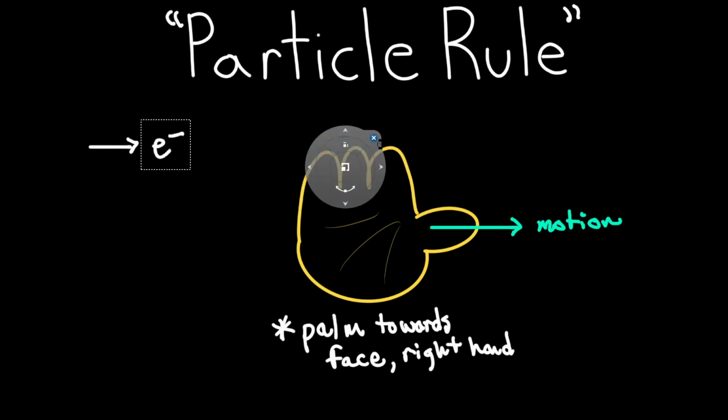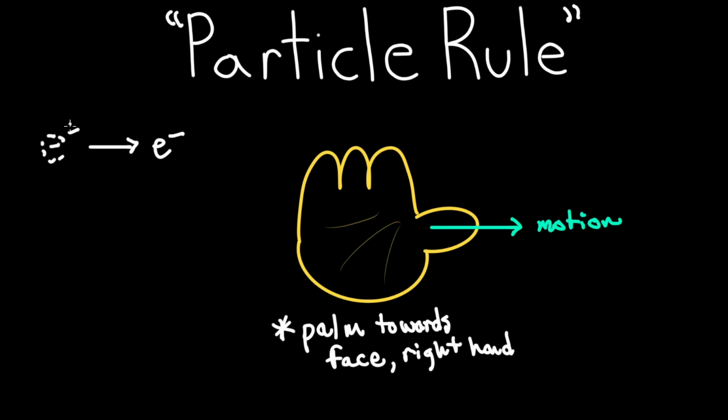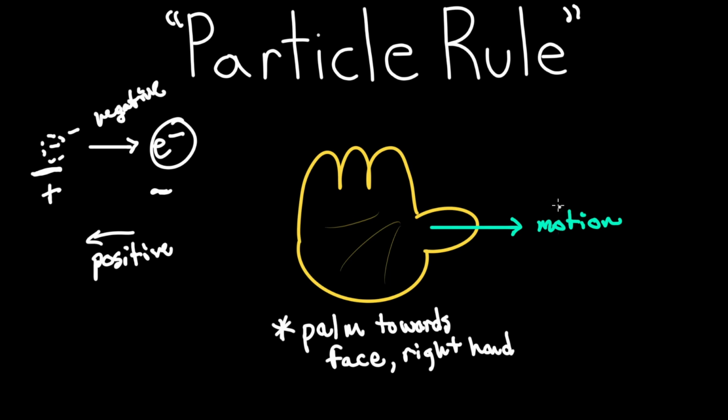And when it moves over there, it's going to leave an absence of negative charge, right? And you can think of an absence of negative charge as positive, because compared to this location, the location where the electron was before is actually going to be more positive than over here. So if you have a negative charged particle, you can reverse the flow to say that this would be the positive flow, which is what we need to use, and this would be the negative flow. So this is the motion for positive particles.